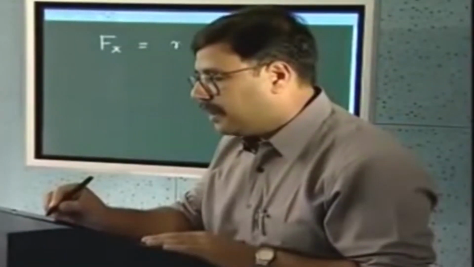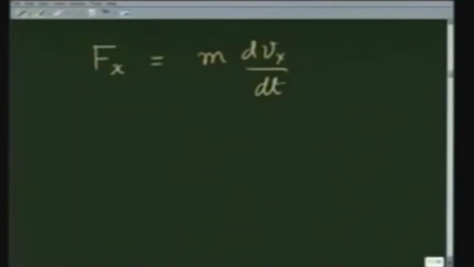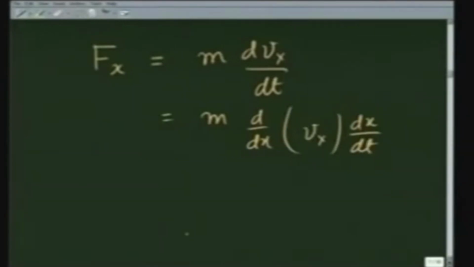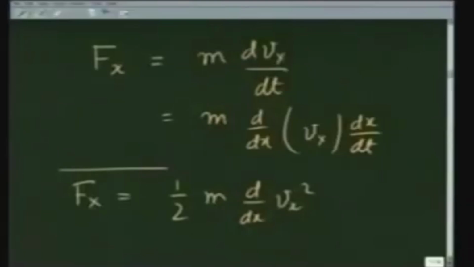Let me look at it slightly more carefully. So, I had written earlier Fx equals m dVx over dt, and by transforming this into the form d/dx Vx times dx/dt, I got that Fx is equal to 1/2 m d/dx Vx square.